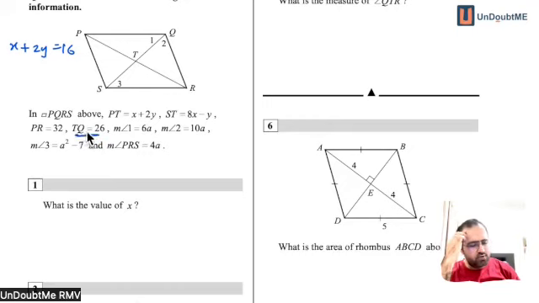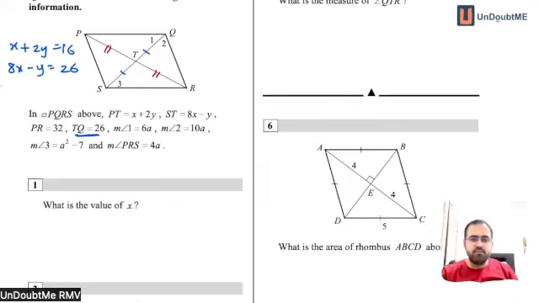They have given TQ, and TQ and ST are the same. So we directly write 8x minus y is equal to 26. Diagonals bisect each other, so TQ is the same as ST and PT is the same as TR. Over there the whole diagonal was given, so we needed to halve it. This time they have given half only. Now we need to solve them simultaneously and get x and y values.